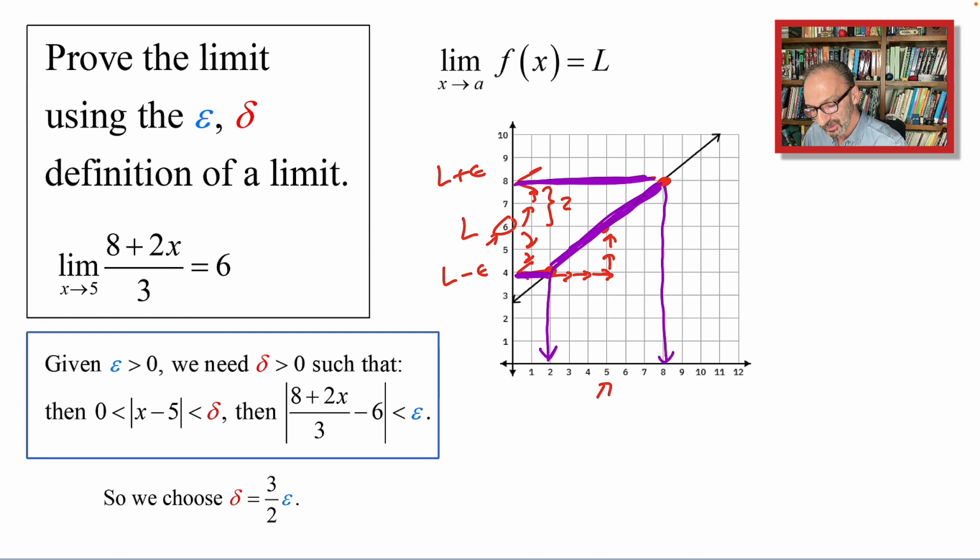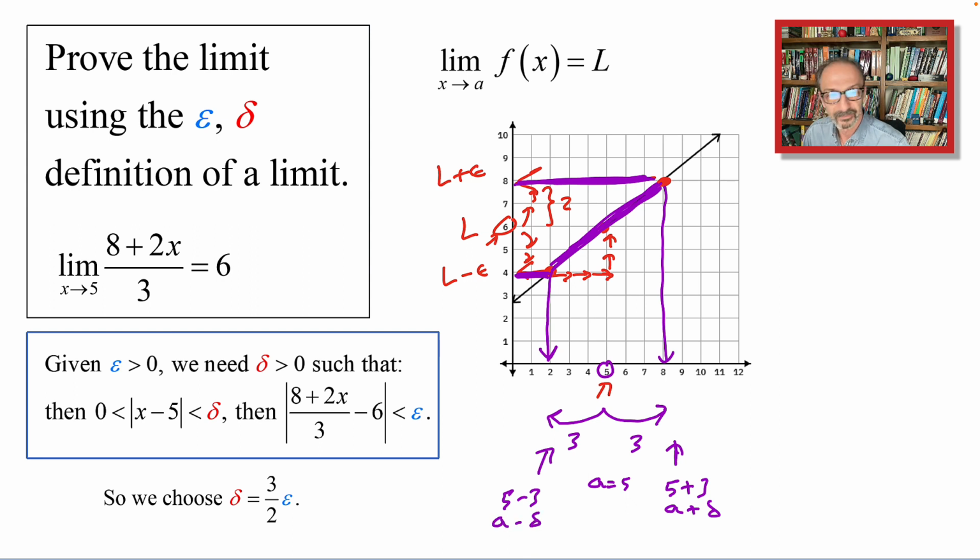But this point is away from 5 by 3, and this point back 3 units will get to 2. So what's happening here is A equals 5, that's this 5, and this point right here will be the end of the interval, which is 5 plus 3, and this point right here will be 5 minus 3, and that is A plus delta, and that is A minus delta.